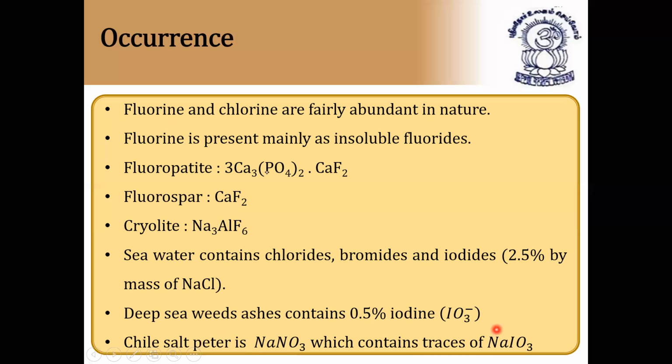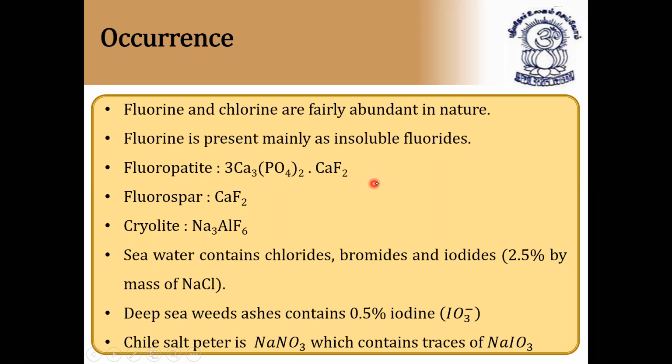NaIO3 is called sodium iodate. So these are the salts, and this is the occurrence of these elements. I hope it is clear.